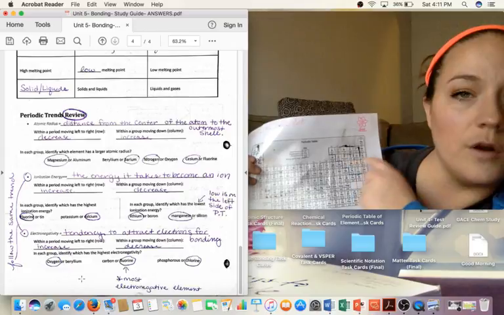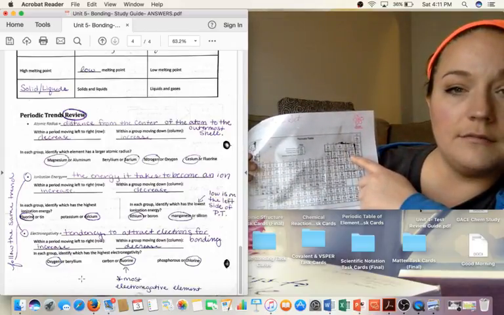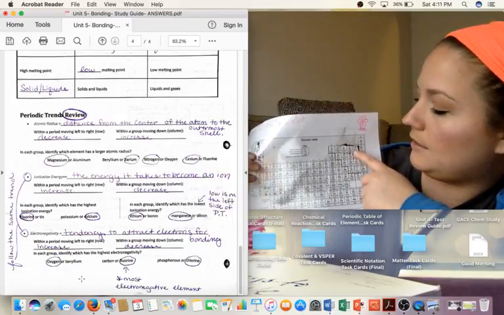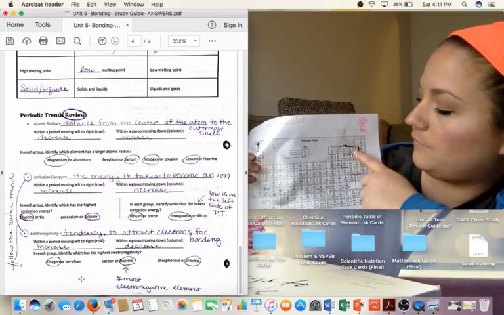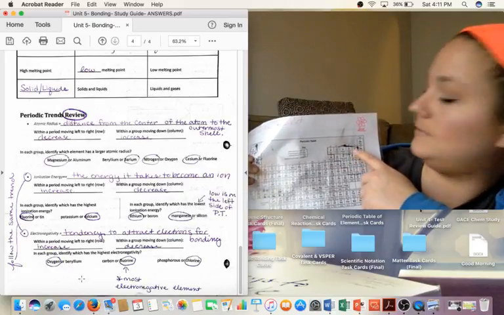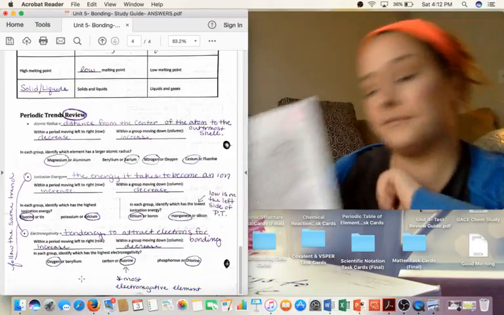He's going to want to form more bonds. But because he's under fluorine, he is still going to be less reactive than fluorine. So chlorine is under fluorine, so thus fluorine still has a higher electronegativity.